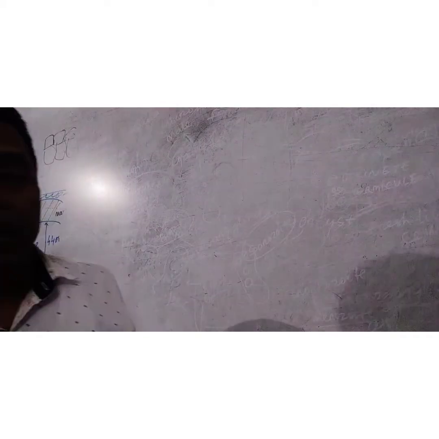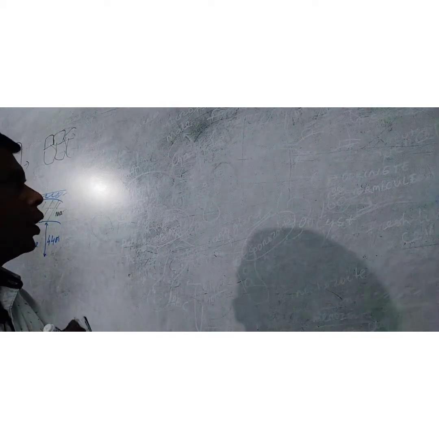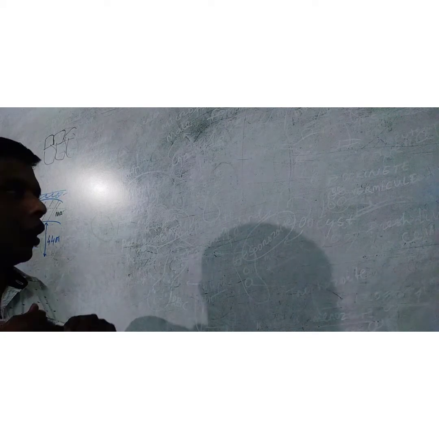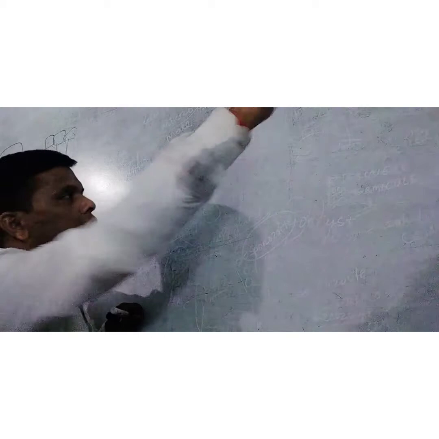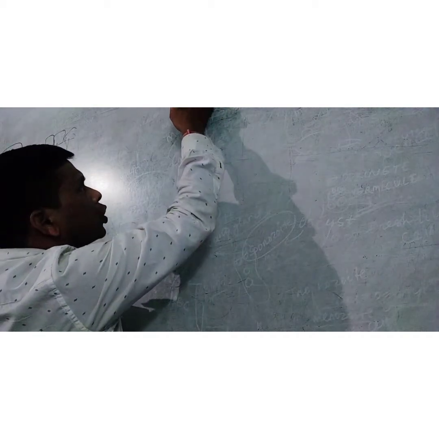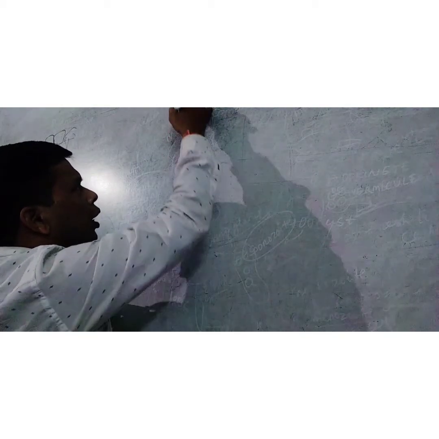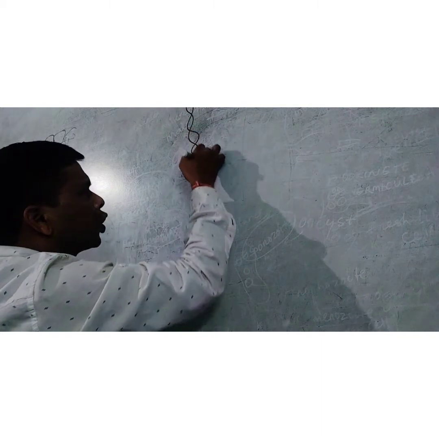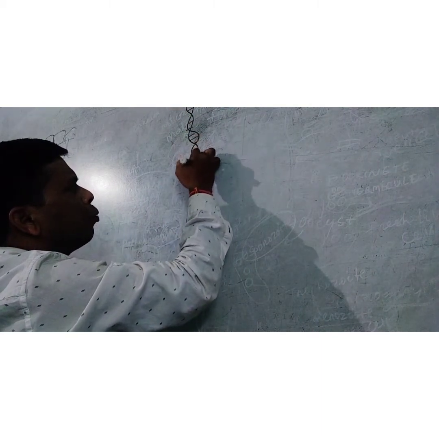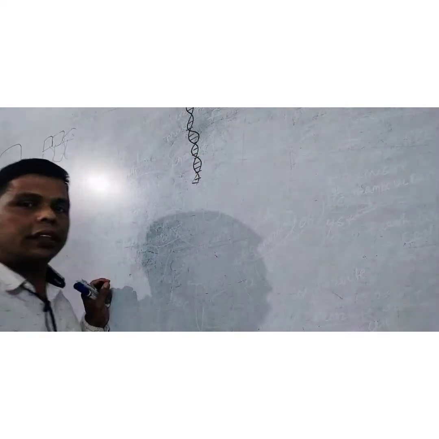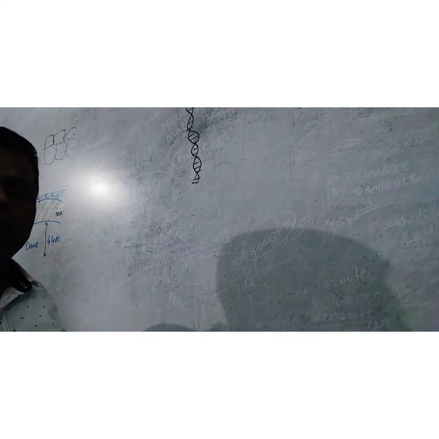We have already discussed in another video the structure of DNA. The DNA has a double helical structure, having purine and pyrimidine bases. It is acidic in nature.